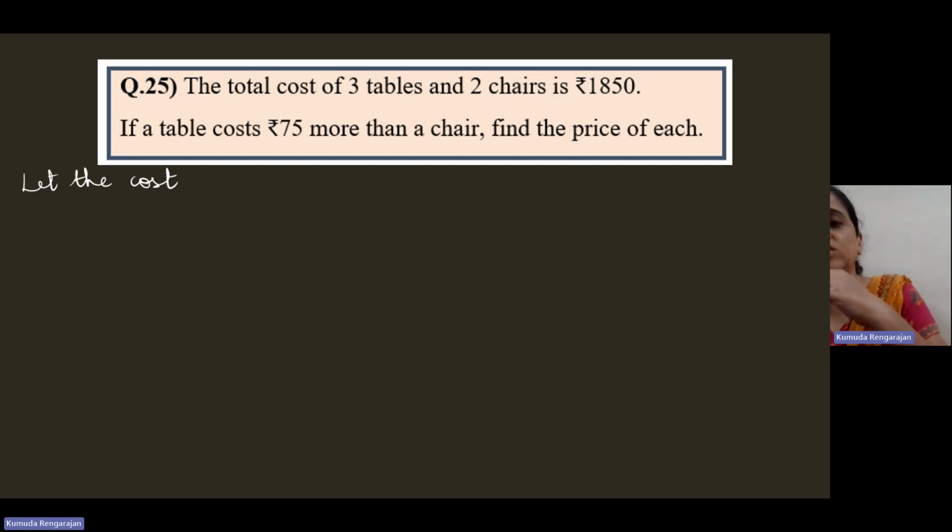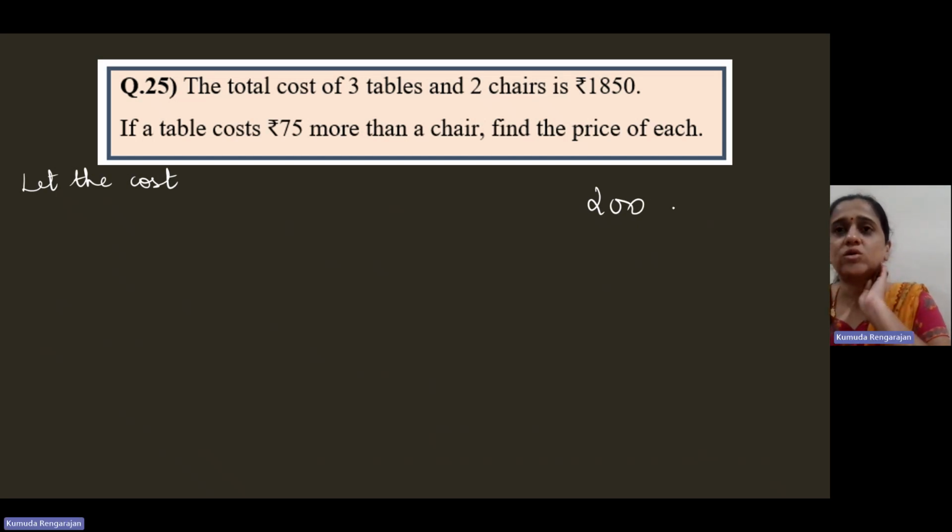Now, supposing you want to assume the cost of a table, then under the same circumstances, if the cost of a table is 200, what will be the cost of a chair? 200 minus 75.